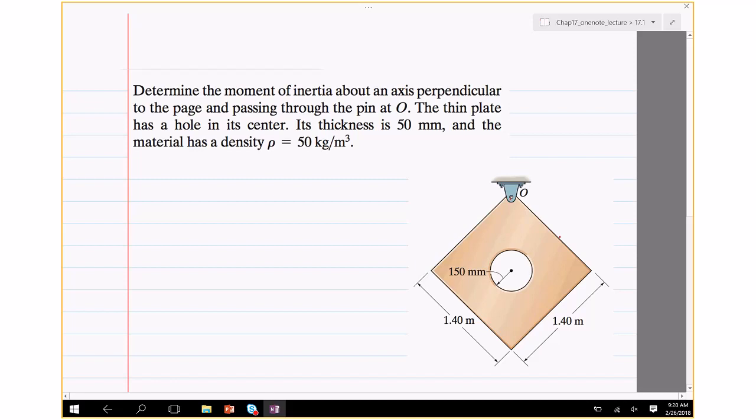When the axis passes through O and is perpendicular to the page, it means that the plate with the hole will rotate this way, right? Or I can draw it this way. That's ZO.